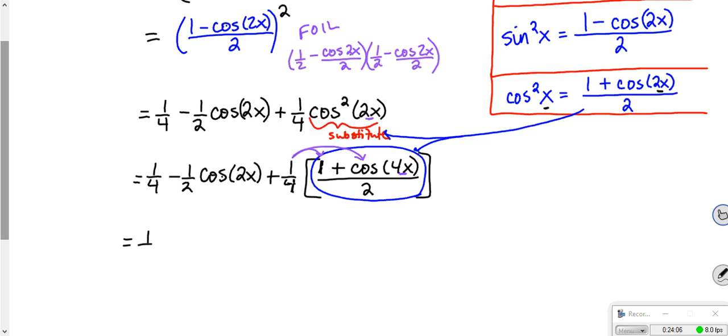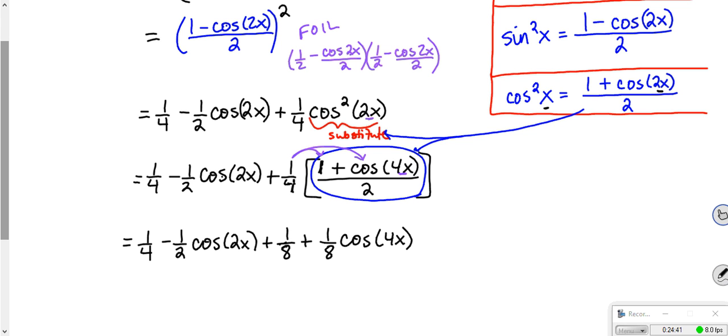I end up with 1/4 minus 1/2 cosine 2x plus 1/8, that's 1/4 times 1/2, plus 1/8 cosine 4x. So 1/4 times 1/2 is just 1/8, and then 1/4 times the second term, 1/2 cosine 4x, is 1/8 cosine 4x.